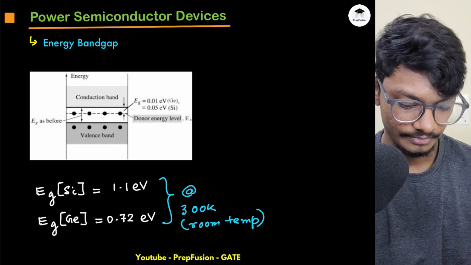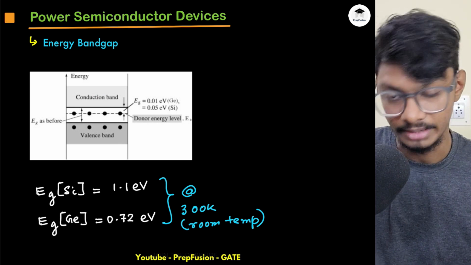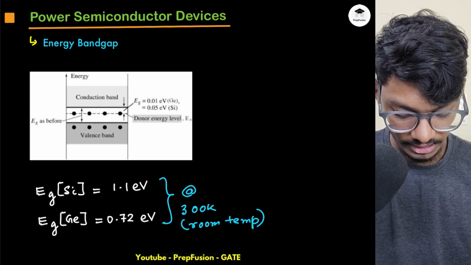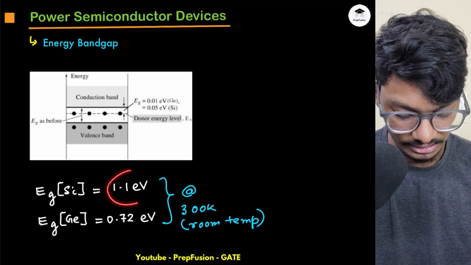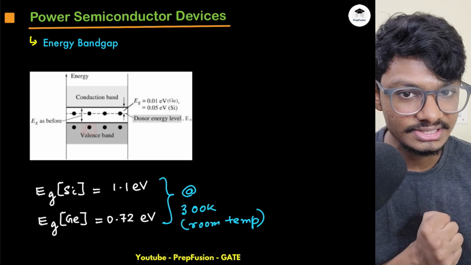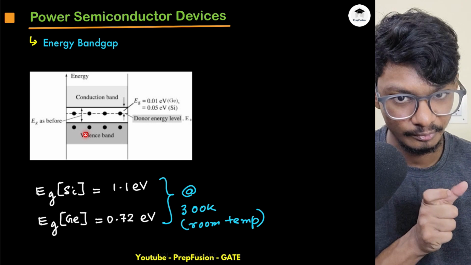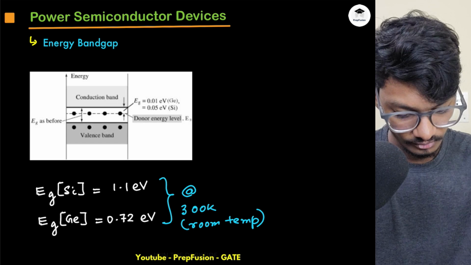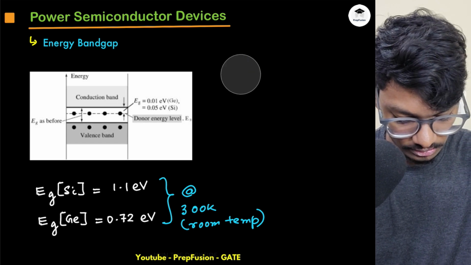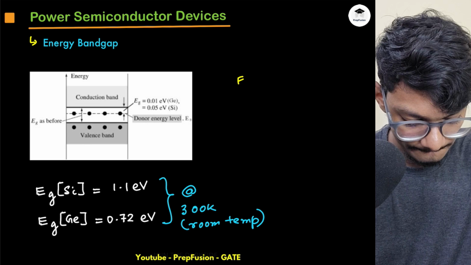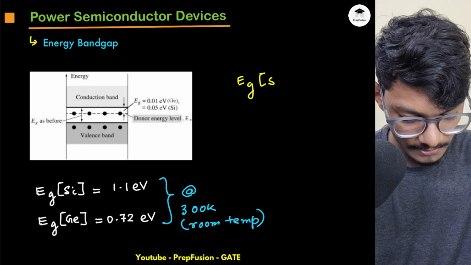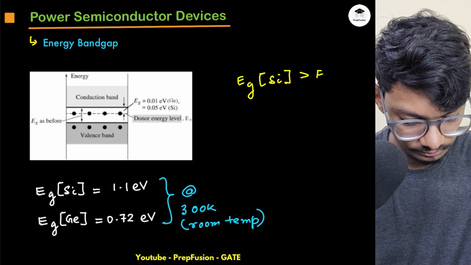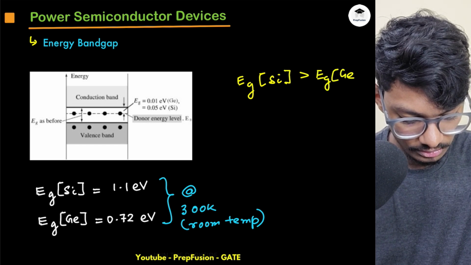And what is the advantage of this? Previously I may have said it the other way around, so ignore that. Now understand this. If the band gap of silicon is higher than germanium, what happens? I will need more energy to move an electron from valence band to conduction band. That means the energy band gap of silicon is greater than that of germanium.